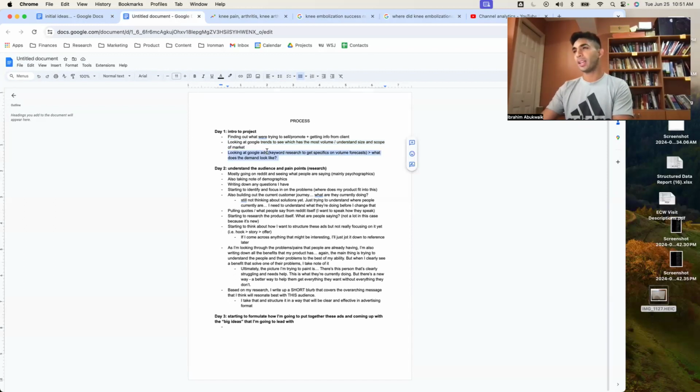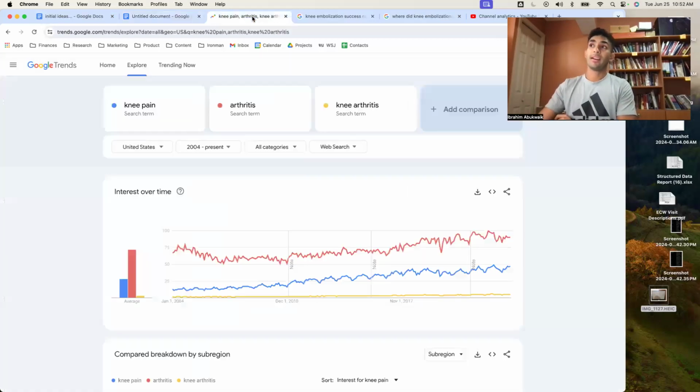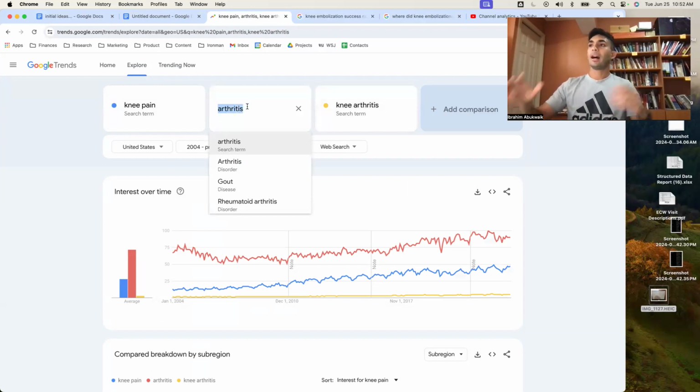Google Ads, I'm not going to get into the details because this is kind of a subset of this. But when I go into Google Ads, maybe in another video, I'll show this. When I start actually advertising, Google Ads lets anyone who has a Google Ads account see how many people are searching. If I search arthritis, knee pain and knee arthritis, I might realize that 100,000 people are searching for arthritis every single month.